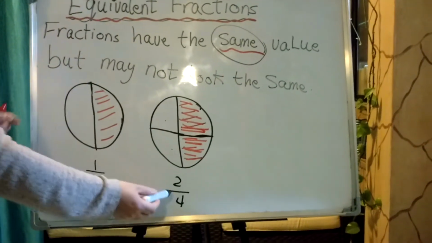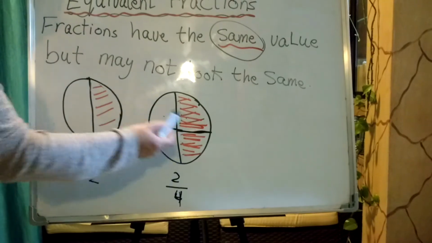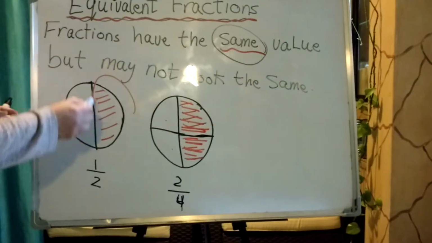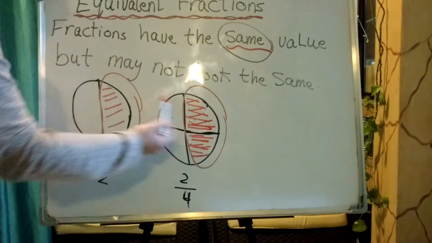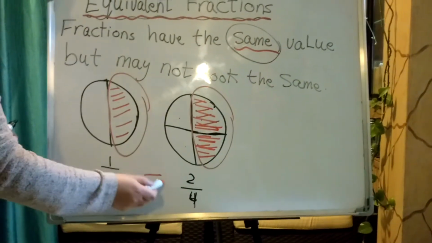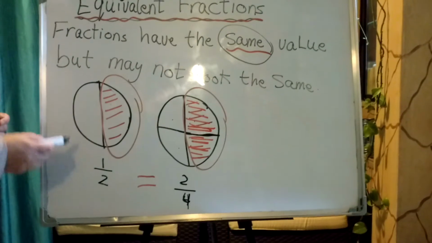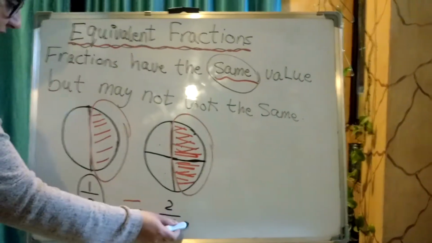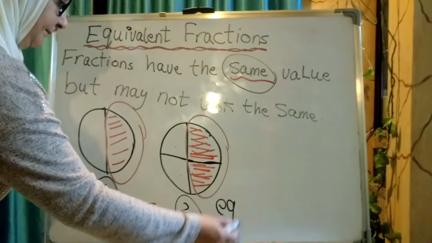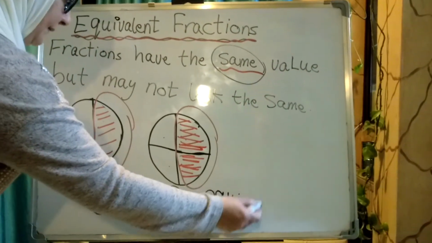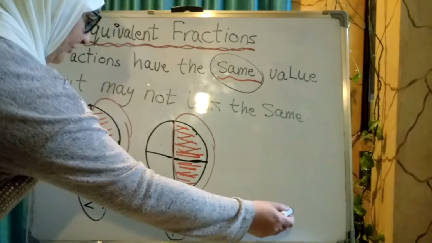If we look at these two parts, we can recognize that these two parts are equal, which means that the 1/2 and the 2/4 are called equivalent fractions.